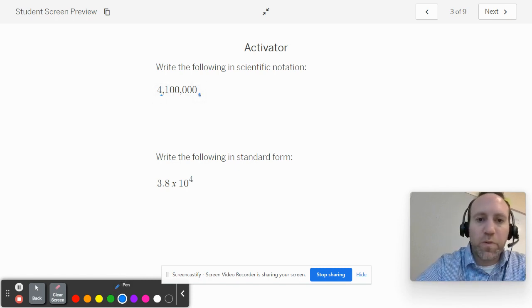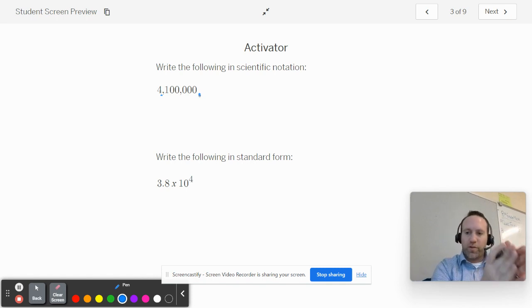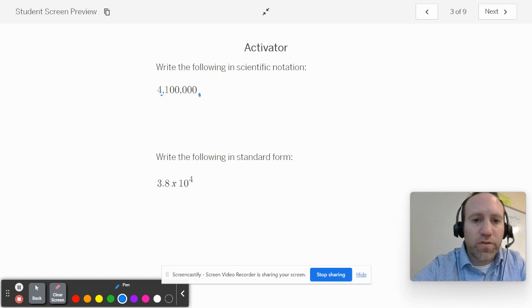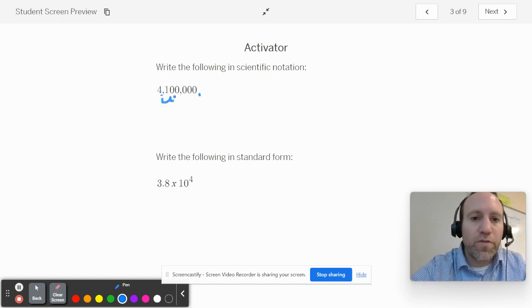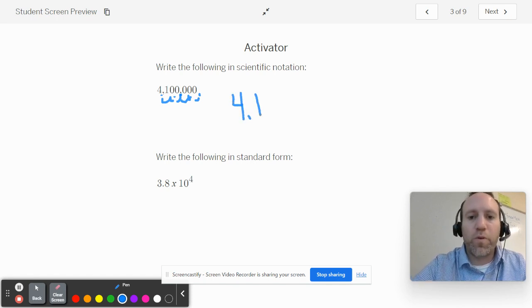Instead, you put a decimal between the first number and the second number, and then put a decimal at the end. You count the number of times you would have to move the decimal to get them to connect. So there's going to be 1, 2, 3, 4, 5, 6 times that I move it. So this is going to be 4.1 times 10 to the 6th.